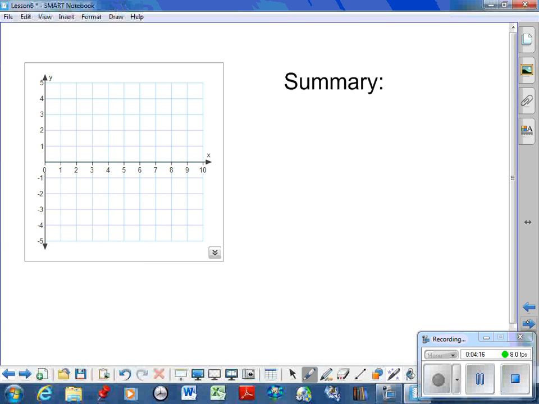Here I want to do an acceleration time graph. All right, so acceleration, that's in meters per second squared. How is your velocity changing?